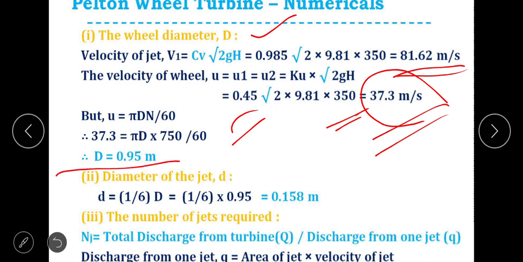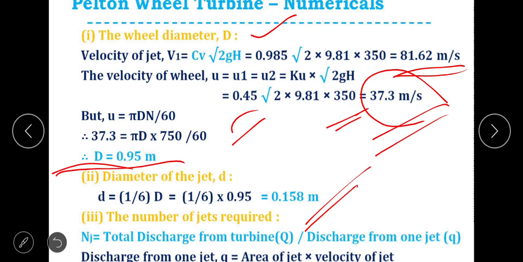You will get D is equal to 0.95 meter. Second, to calculate the diameter of the jet, small d, d is equal to 1/6 of D, the given condition, therefore 1/6 multiplied by 0.95 is equal to 0.158 meter.